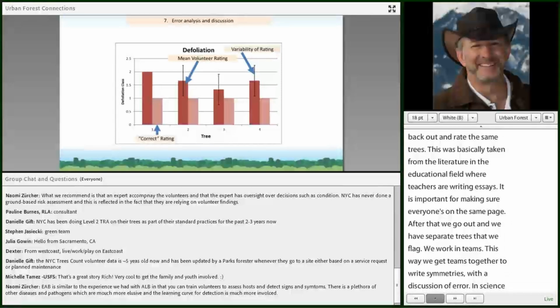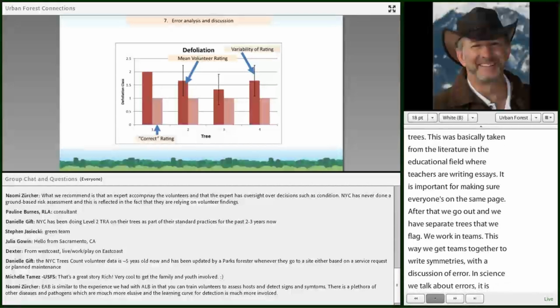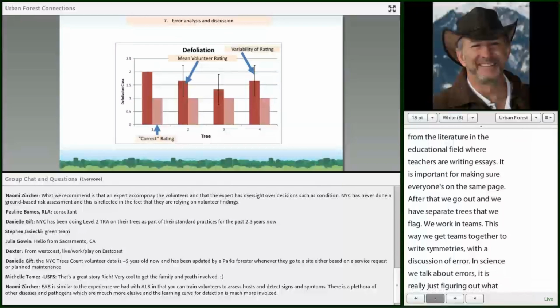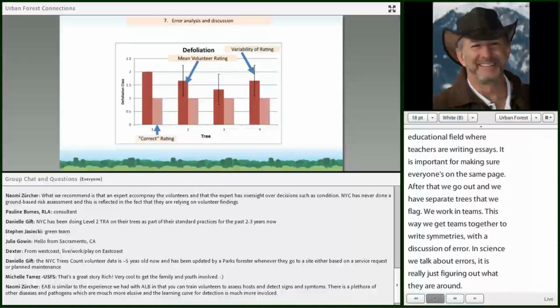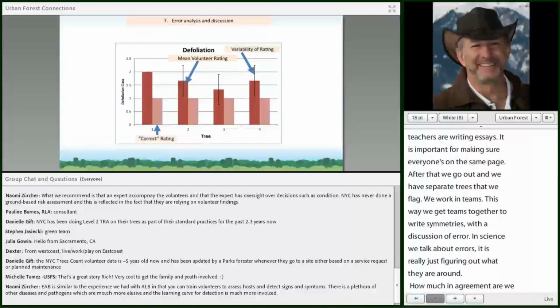It's really just figuring out what the error bars are around the estimates, and those are the little I-beams you see in the graph here, and how much in agreement are we between raters of the same tree, and then between, what is the, quote, correct rating for each tree.